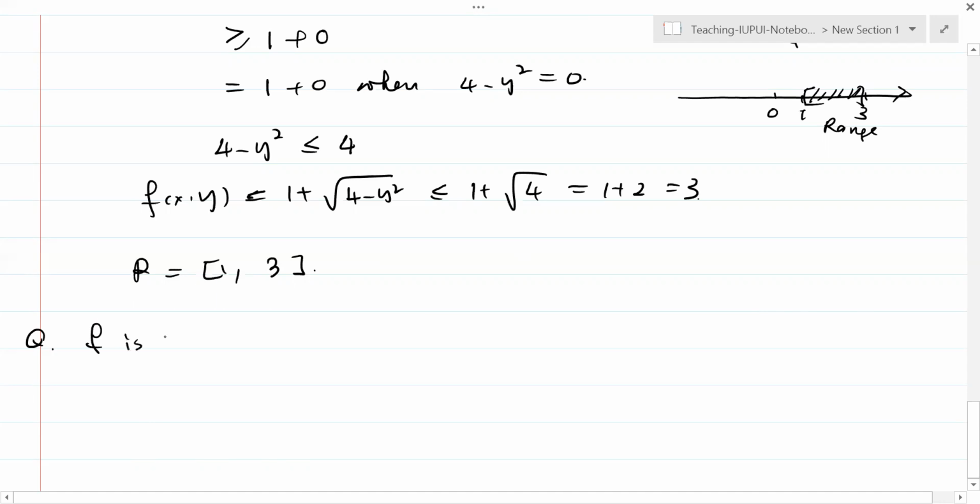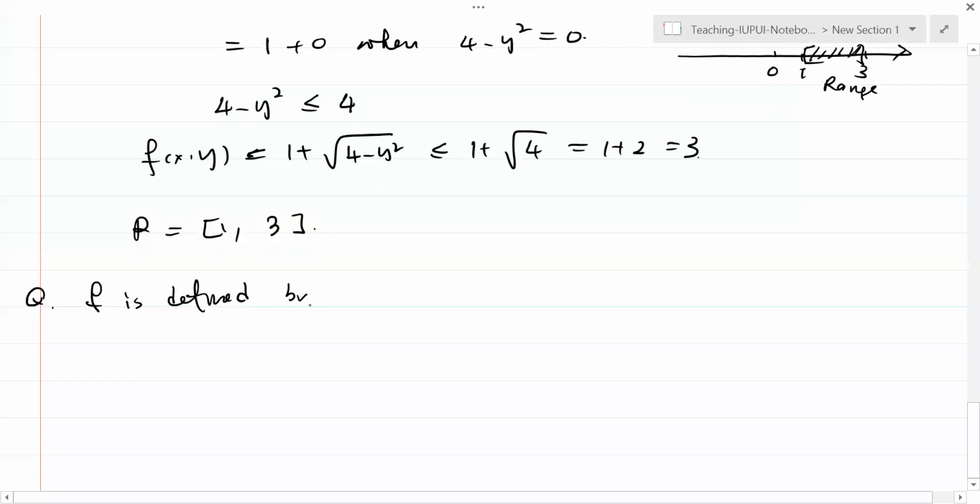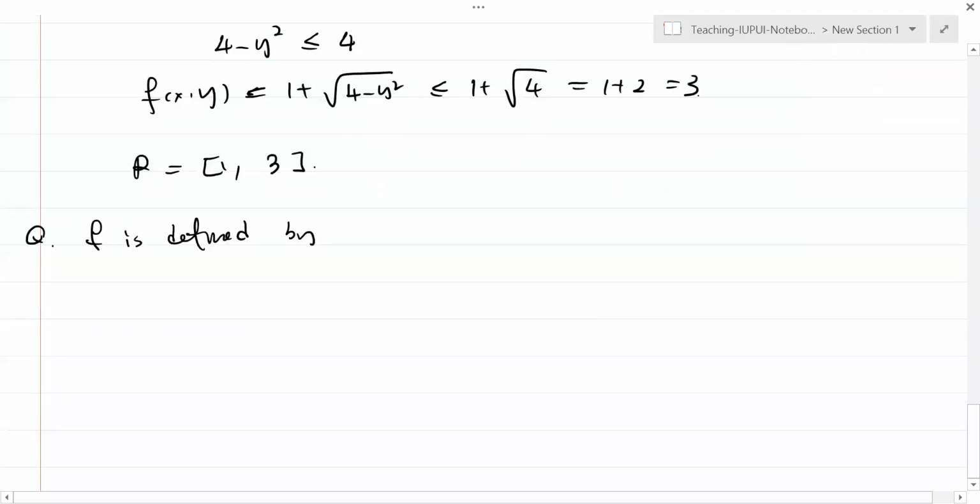Let me find a good example for this. So f is defined by just the table data. How can I describe it? I'll just make a very simple example.